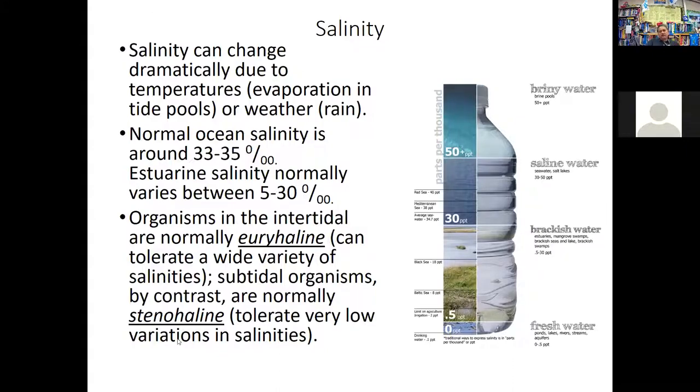Also, that's why you don't find these organisms as frequently in estuary regions, because in estuaries the fresh water and the salt water mix, and then you have various salinity values. So instead of 35, it might be 30, it might be 20, depending on where you are.